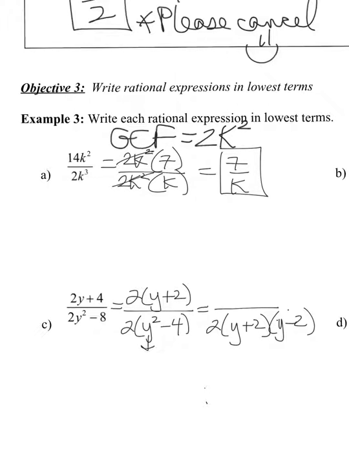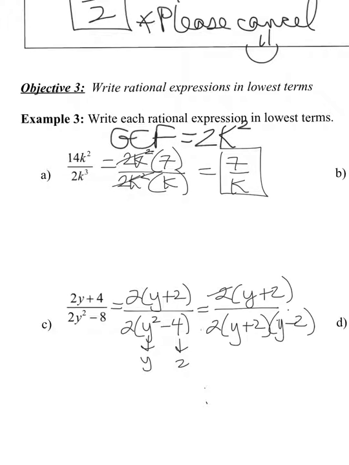Remember how we took the square root of y squared and the square root of 4? These two numbers become my factors. One gets a plus sign, one gets a minus. So just rewriting the top here, notice now everything is written in factored form, written as a product. So I can cancel common factors.